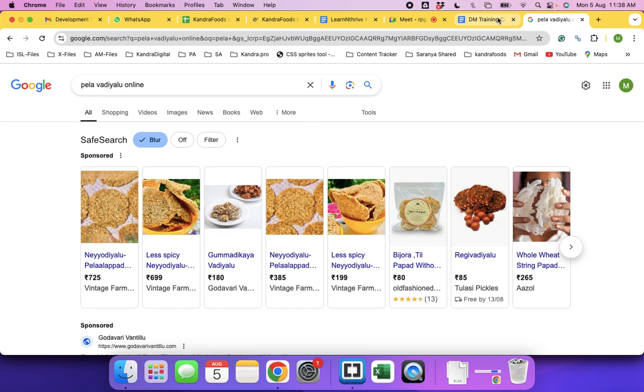So which negatives am I going to apply? One word negatives, shopping ads, negative broad. Just three things. Okay. Apply to campaigns.